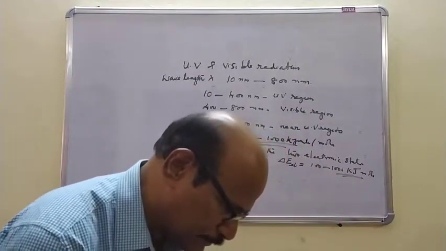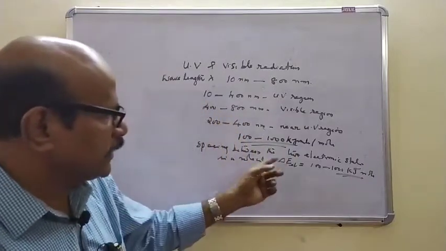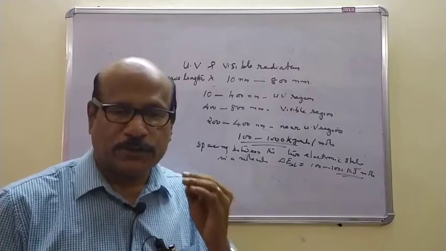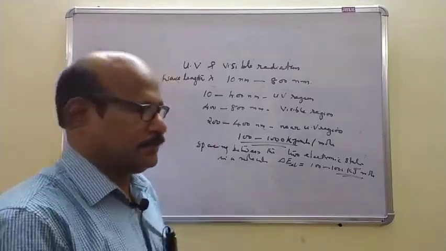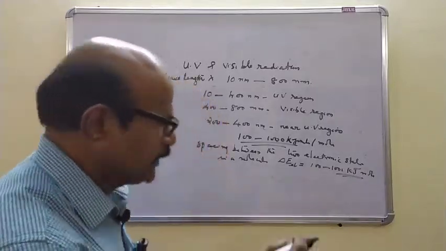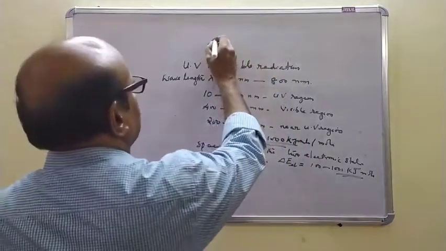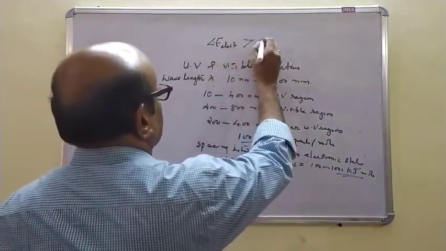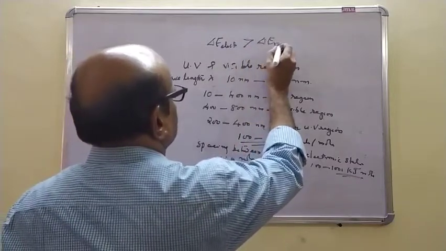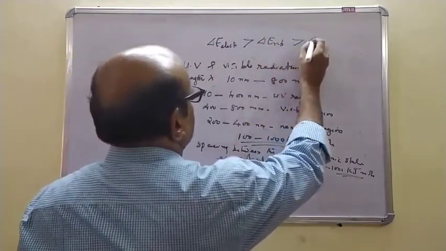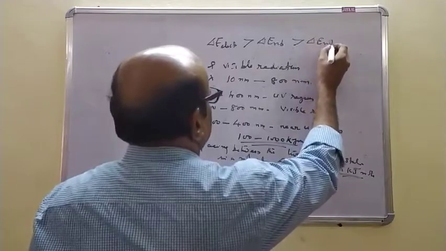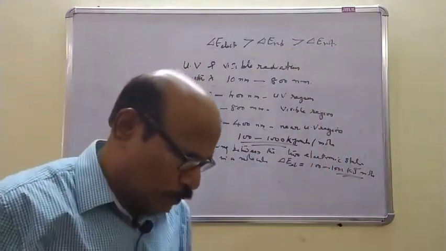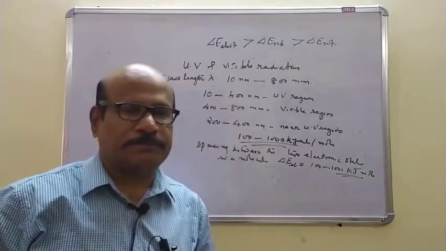Next, you have to remember another important fact in connection with electronic spectroscopy: the energy difference delta E electronic is much greater than delta E vibrational, which is much greater than delta E rotational, as I already mentioned in the Born-Oppenheimer approximation.